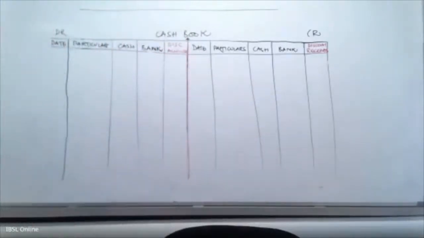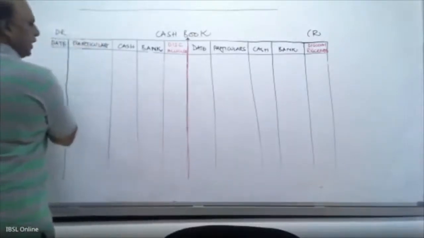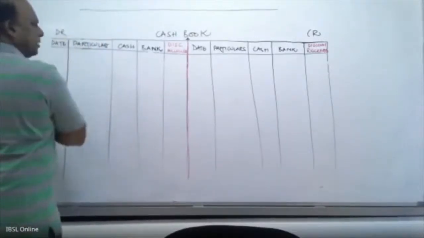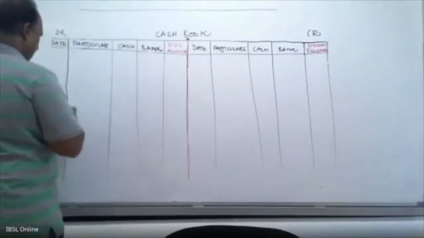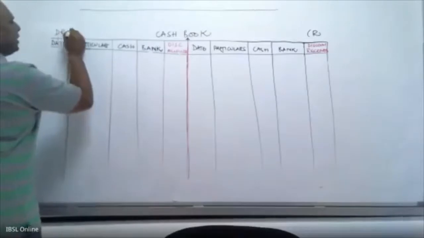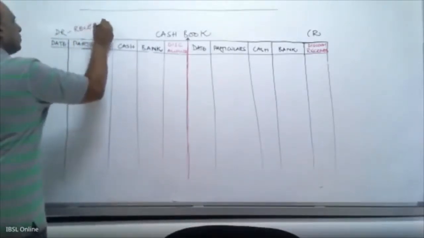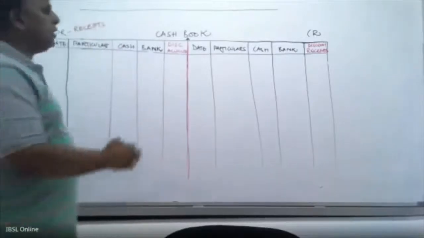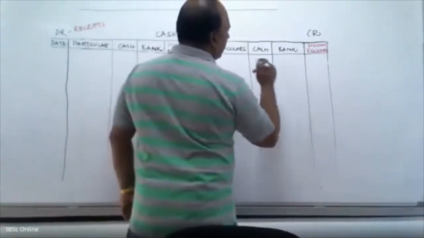So what does this mean? From here to here, that is your left side, all the debits going into your cash and into your bank. And what we record here is all receipts. On this side, date, particulars, cash, bank, and discount received.